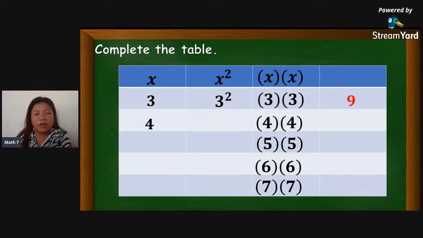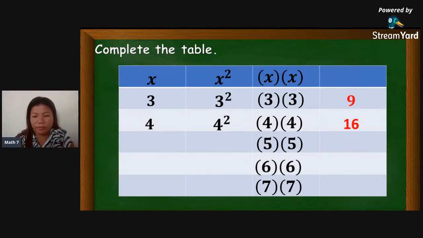Okay, next. What about 4? If we have 4 square, what is the answer here? 4 times 4, we have, what's the answer? It's not 4 times 2, ha? Remember that. It is 4 times 4. Very good. That is 16.